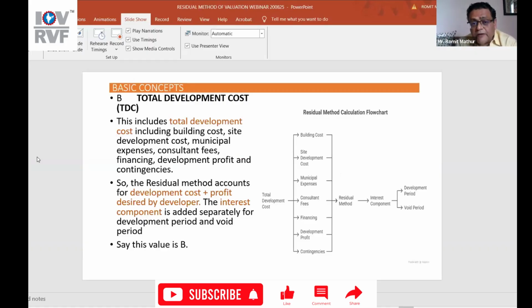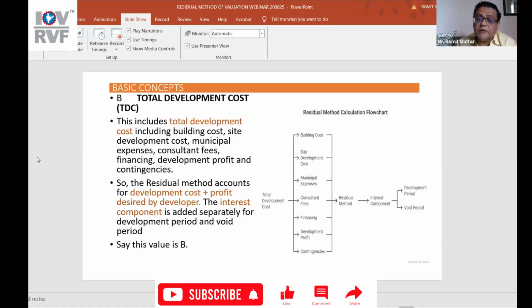B, total development cost. So what is the total development cost? This includes building cost, site development cost, municipal expenses, consultants' fees, financing, development profit, and contingency. So the residual method accounts for development cost plus the profit desired by the developer, because that's a very important aspect.